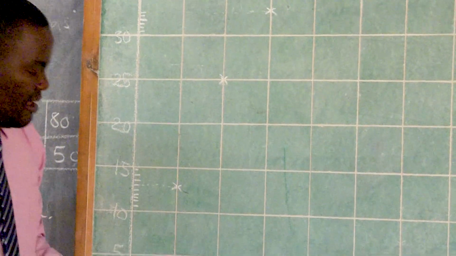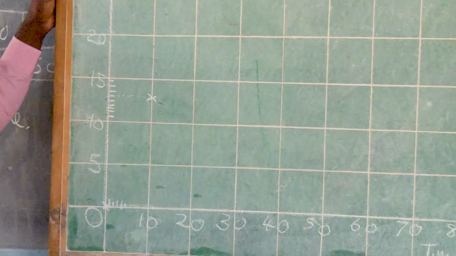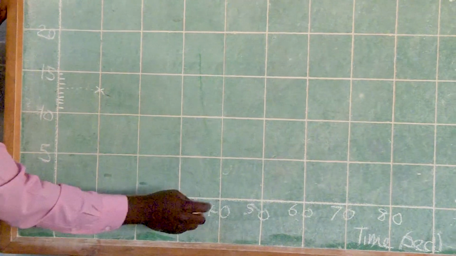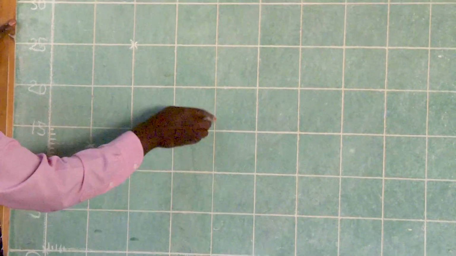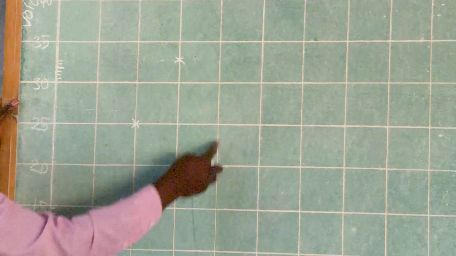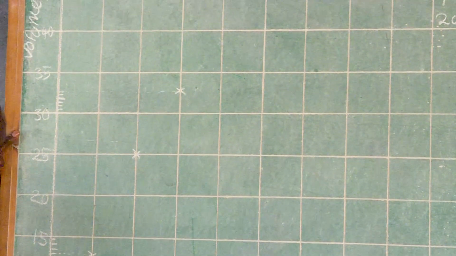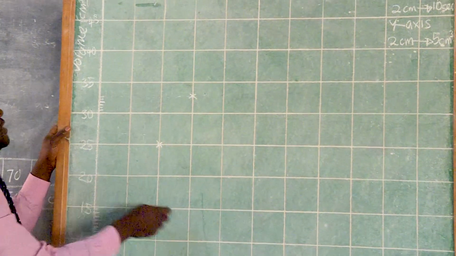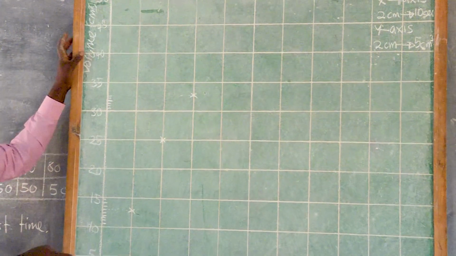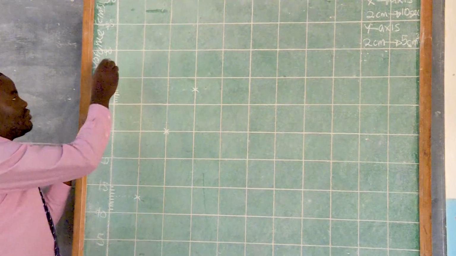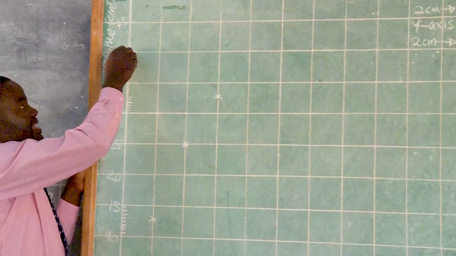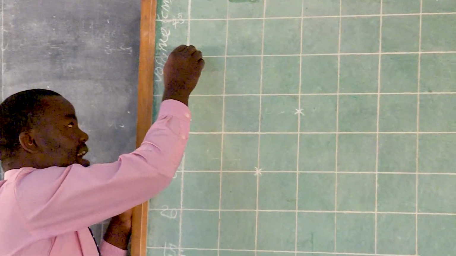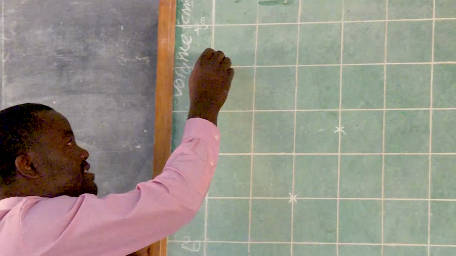Then, when time was 40, what was the volume produced? When time was 40, the volume produced was 42. So our 40 along the x-axis is there. Along this line, this is where time is 40. Now we go to the y-axis to look for the value, which is 42. So 40, we count how many smaller boxes?